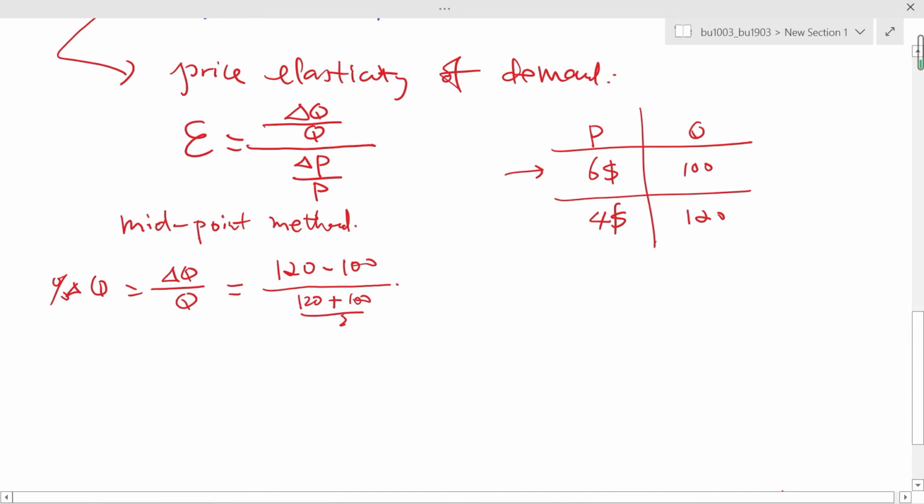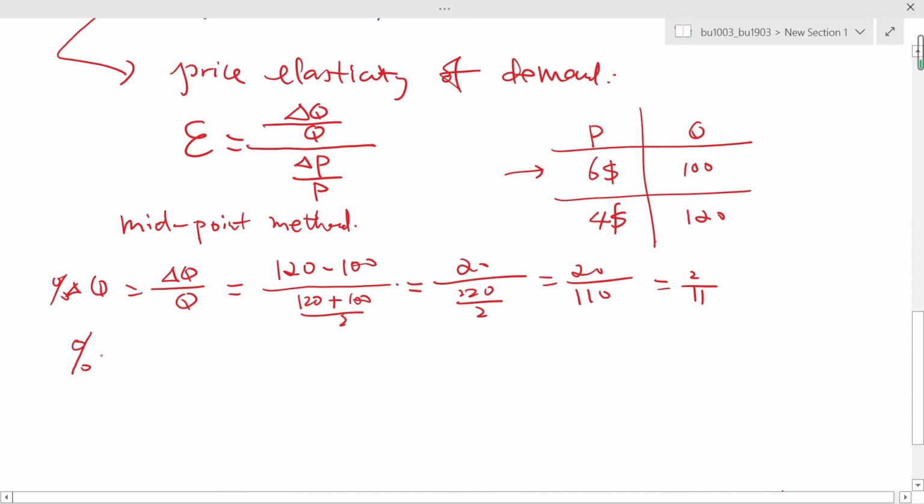That's the midpoint, and by the way, that's why it's called the midpoint method. So it's 20 divided by 220 divided by 2, so it's 20 divided by 110. So it's 2 over 11.